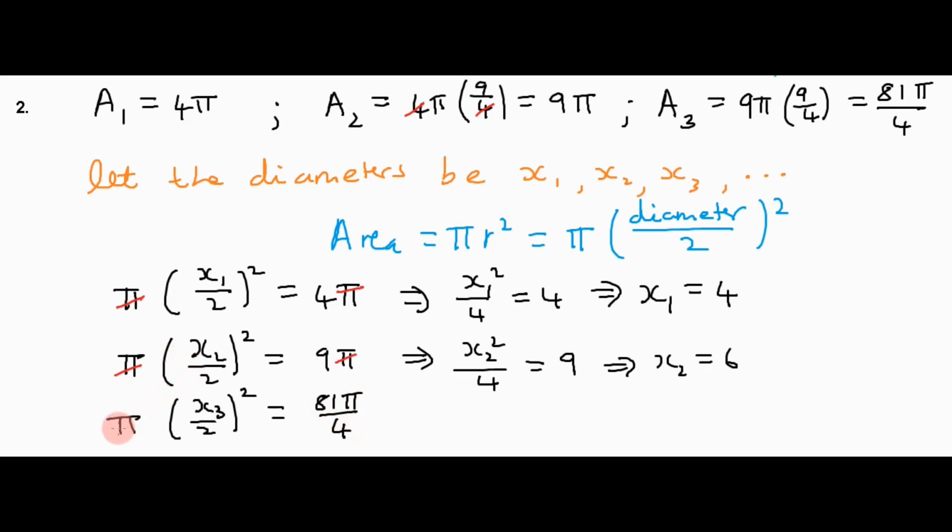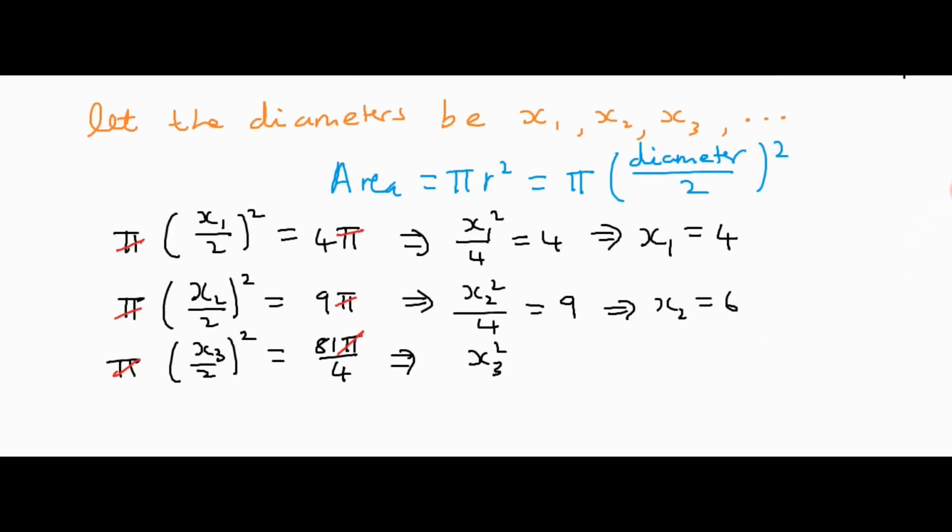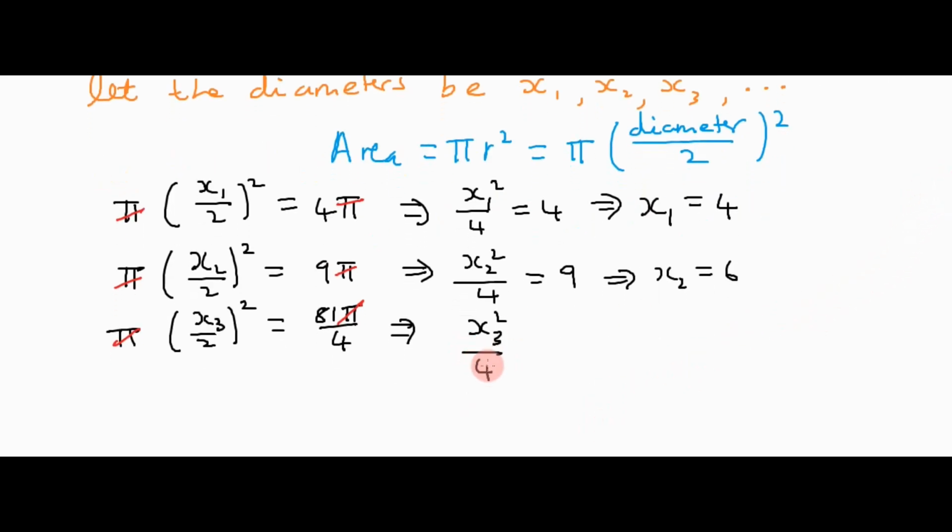Once again, the pi's can cancel on both sides. So we have x3 squared over 4 must equal 81 over 4. We can multiply through by 4, so we get x3 squared equals 81, and hence x3 equals 9.